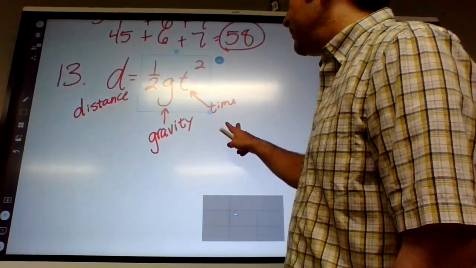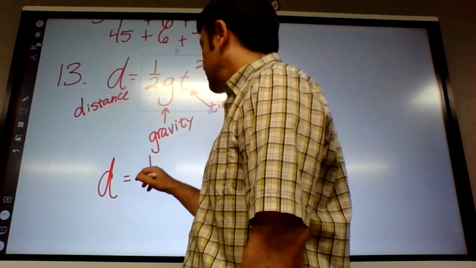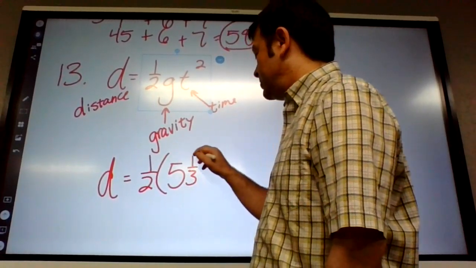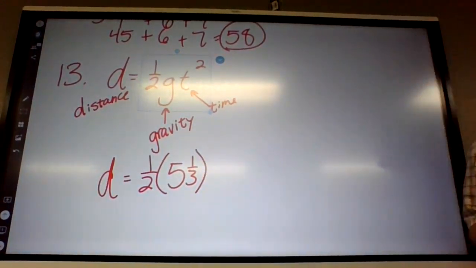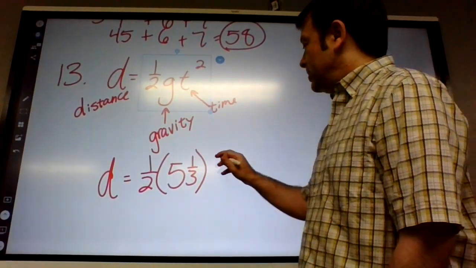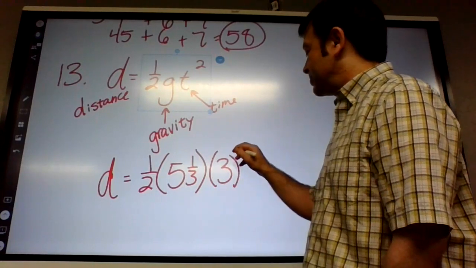Well, what should I do with the 5 1/3? Put it in for G. 5 1/3 is the gravity. It's how many feet something should fall per second on the moon. And then T was the time, which they told us in the directions was supposed to be 3.